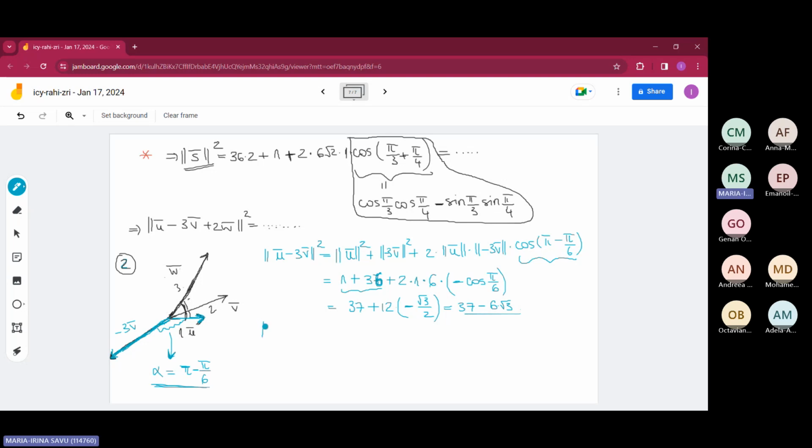And now let's see the norm of the whole sum, u minus 3v plus 2w. How do we find this norm squared?